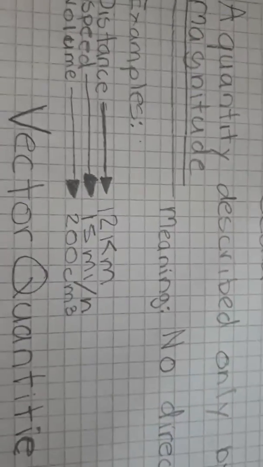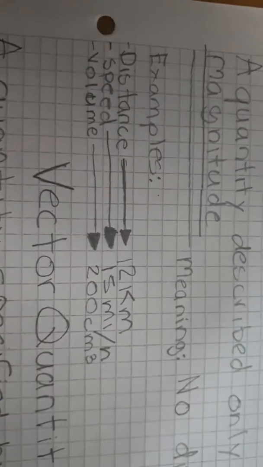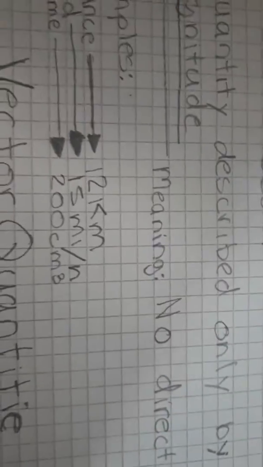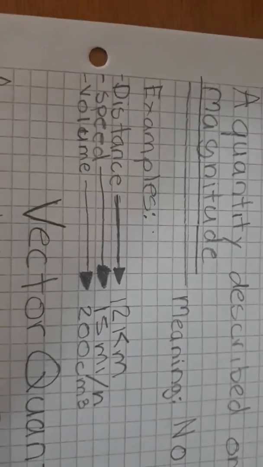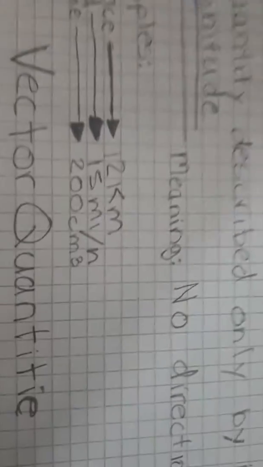A guy took a 12-kilometer hike, but we're not specifying where or in what direction. Speed, 15 miles an hour. A car is going 15 miles an hour. We're not saying where the car is going. Volume, that's very easy, 200 cubic centimeters. We're not specifying any direction. So these are scalar quantities.